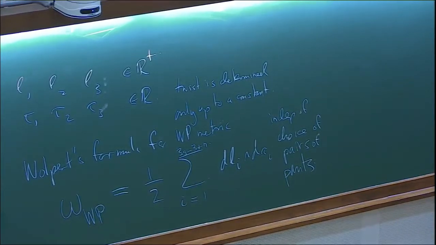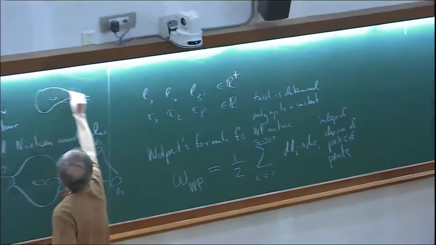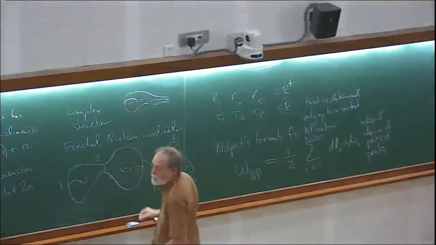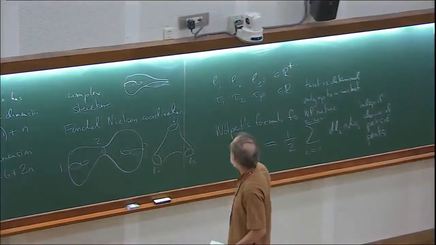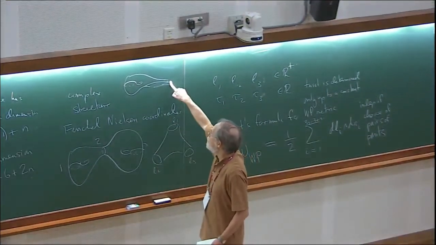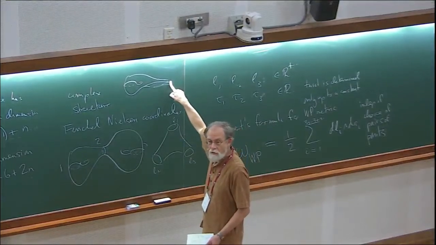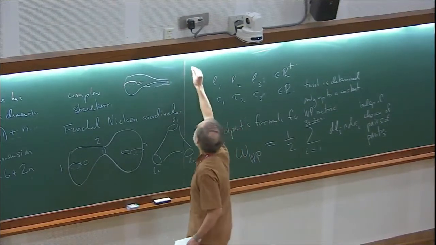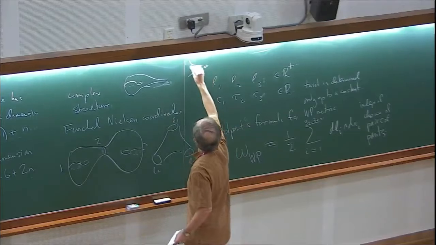Oh, well, if I take the once-punctured torus, in this case there's just one closed geodesic. And the pair of pants that you have here is degenerate. You have a length 0 at one end of it.